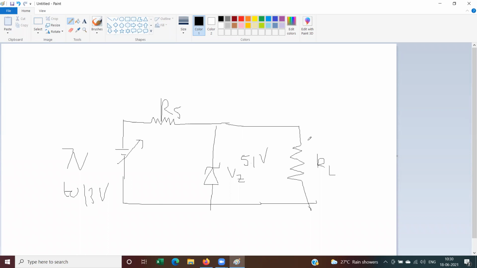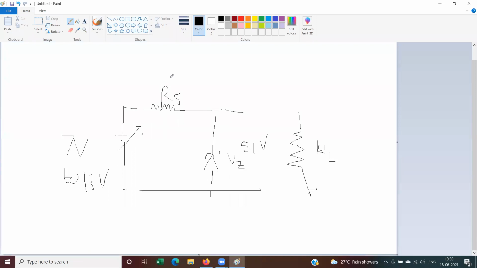Now see how this can be done using a Zener diode. I connect the circuit as seen in this figure. Now we assume that this RS is low enough for the Zener diode to be in the breakdown state even for the lowest value of this input voltage.